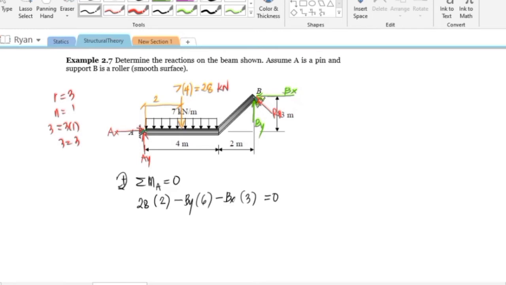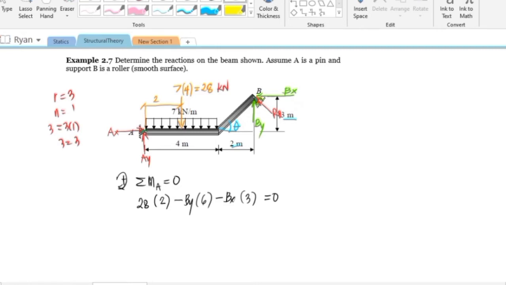Now, para maggamit natin si BX and si BY, kailangan nating i-compute yung angle or yung direction para ma-solve natin yung BX and the BY. So, we will assume that this is angle theta. In order for us to solve for the angle theta, makikita natin dito that the opposite side of the angle theta is 3 meters and the adjacent side is 2 meters.